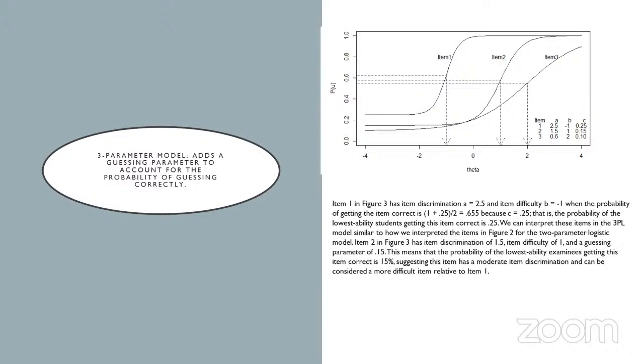The probability of getting the item correct is (1 + 0.25)/2 = 0.655, because c equal to 0.25. That is the probability of the lowest ability students getting this item correct, 25%.